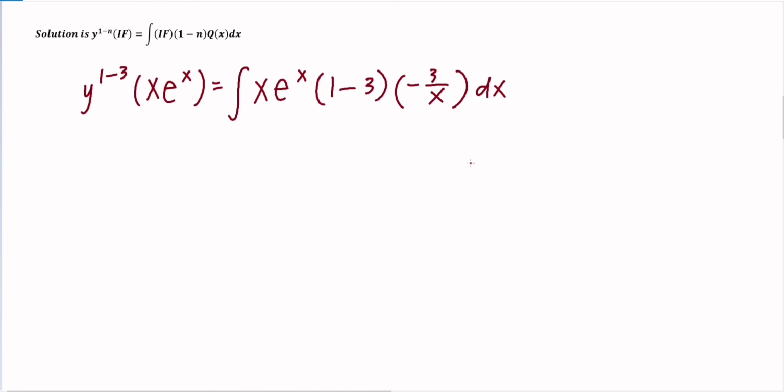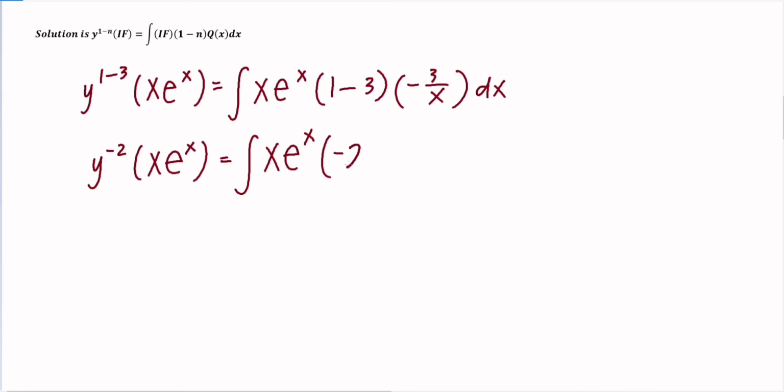Our integral: simplify as much as you can before integration. So, y raised to 1 minus 3 would be y raised to negative 2, multiplied by xe raised to x, equals the integral of xe raised to x times 1 minus 3, which is negative 2, times negative 3 over x dx.